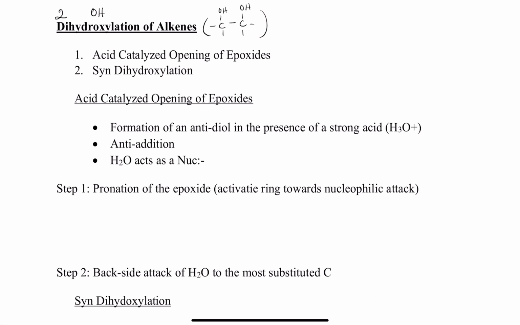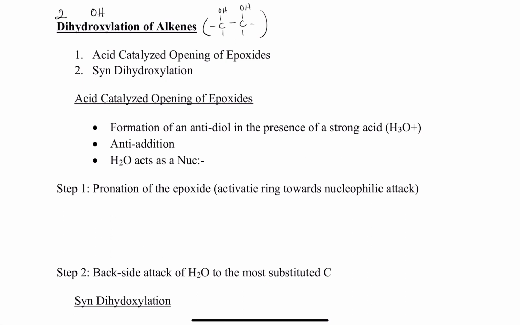So once we've created our epoxide, we can actually swing open our ring. And so this ultimately will form an anti-diol because it's going to be the anti-addition. And this is going to happen in the presence of a strong acid like a hydronium ion. And we'll have water acting as our nucleophile.